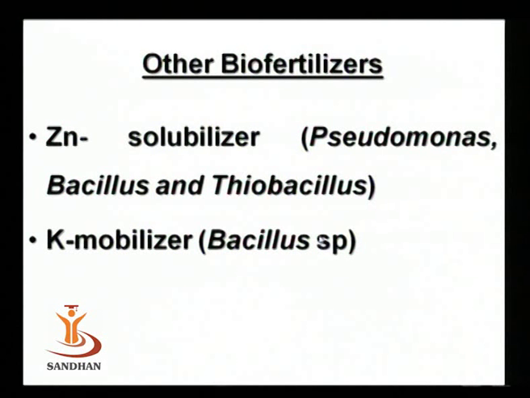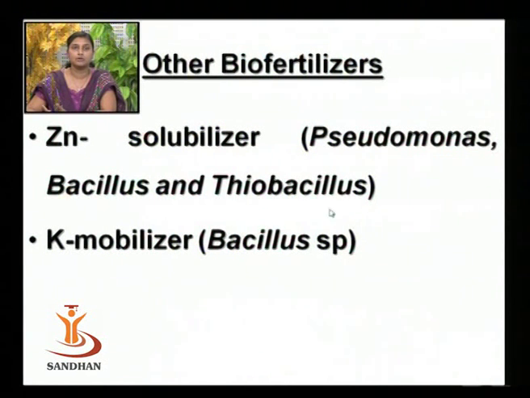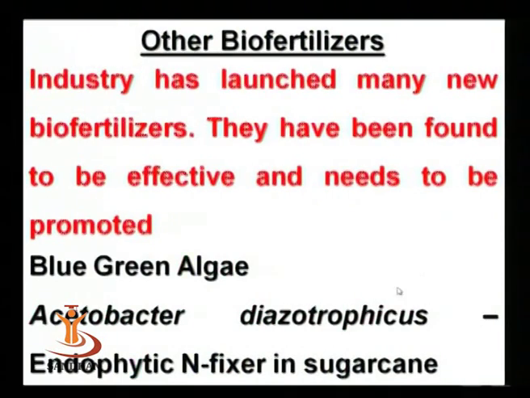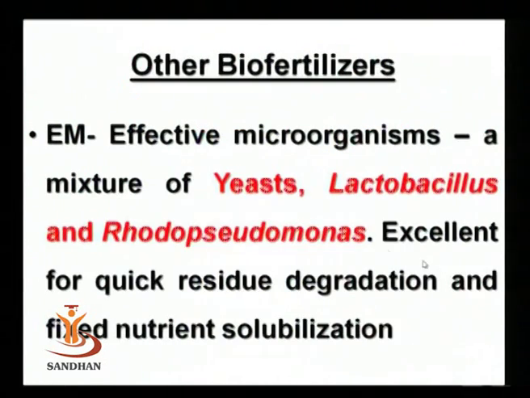Potassium mobilizer is Bacillus species. So potassium fertilizer can be produced by application of Bacillus. Even the zinc solubilizers like Pseudomonas, Bacillus, Thiobacillus can be used for the production of biofertilizer. Even the blue-green algae and Acetobacter diazotrophicus can be applied as biofertilizers.